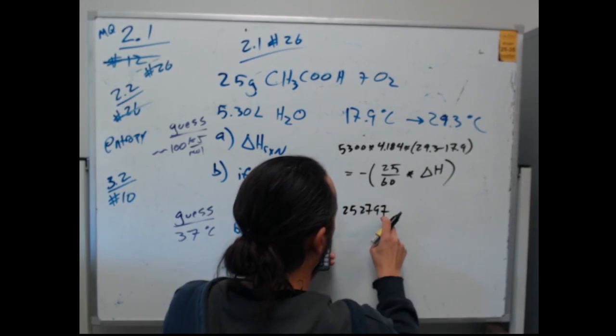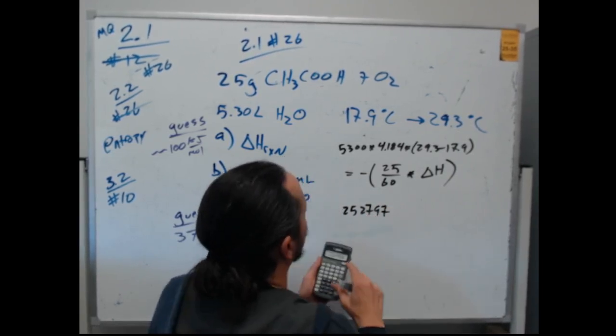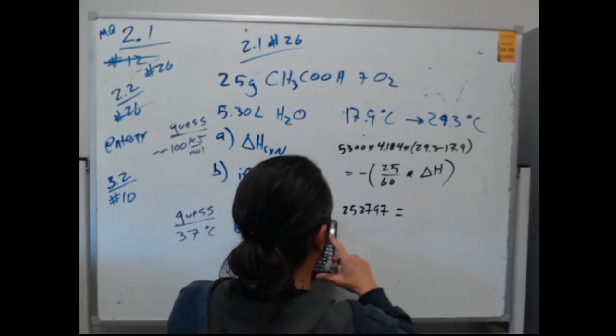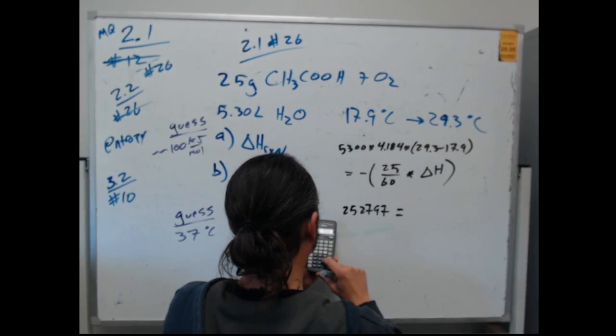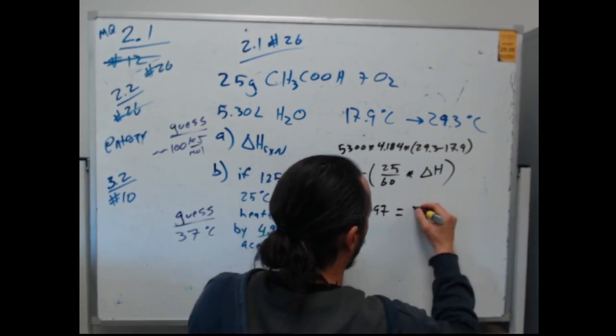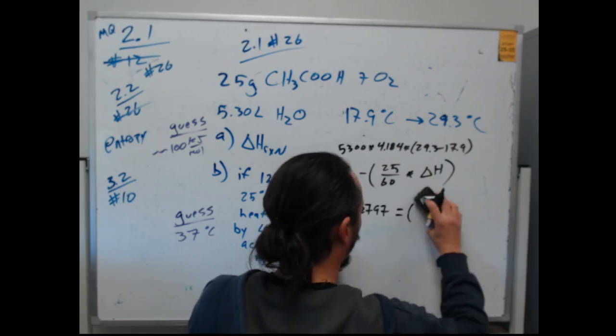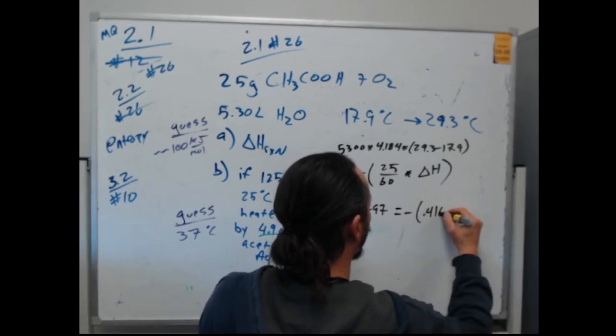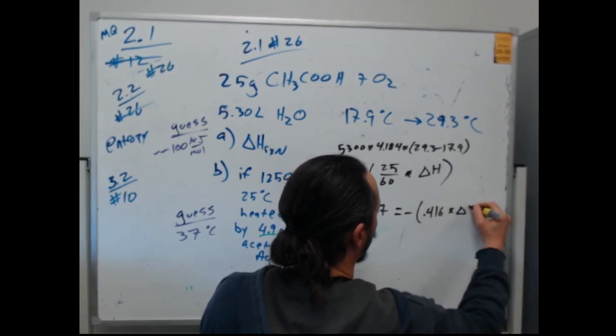Did I miss a decimal point? I think I missed a decimal point someplace. We'll check in just a moment. Is equal to negative quantity 0.416 times delta H.